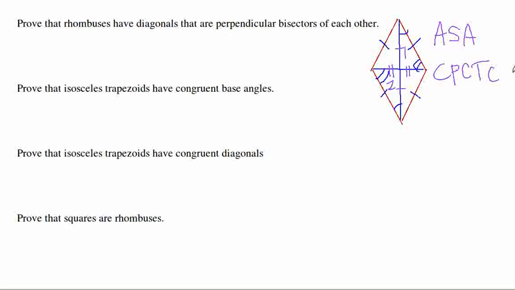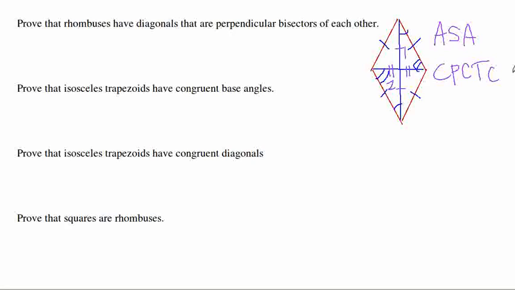Okay, so KIPTIC gave us all that information, and notice that the point of intersection is the midpoint of both diagonals. So we've shown that the diagonals are bisectors of each other. Now let's show that they are perpendicular bisectors of each other.